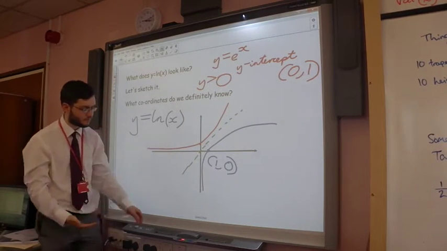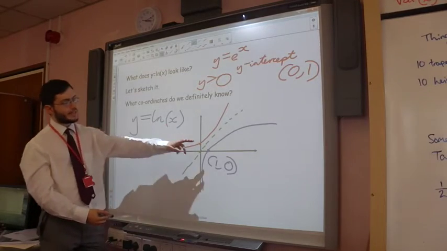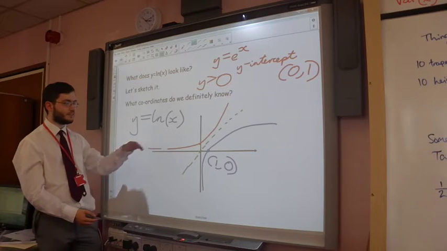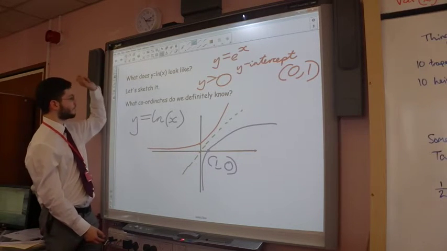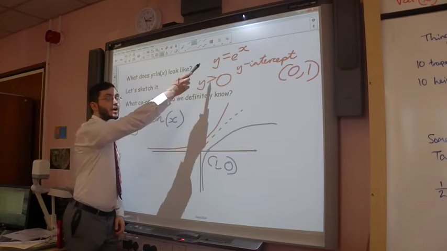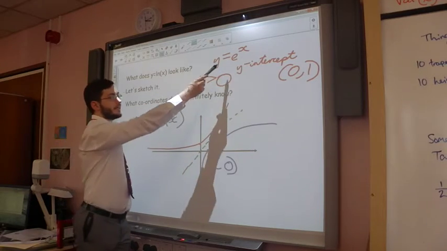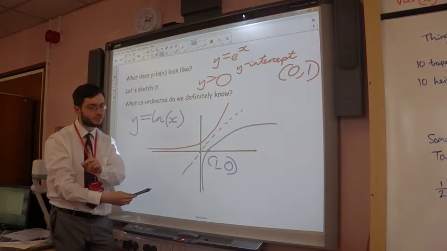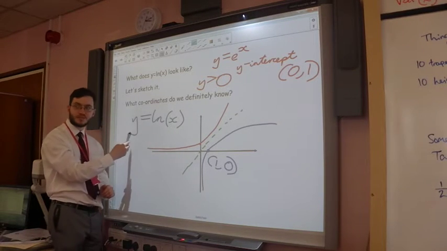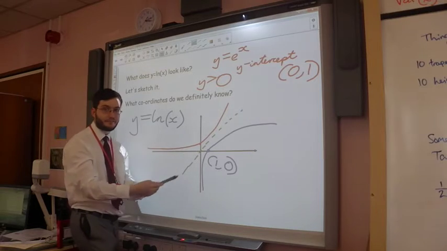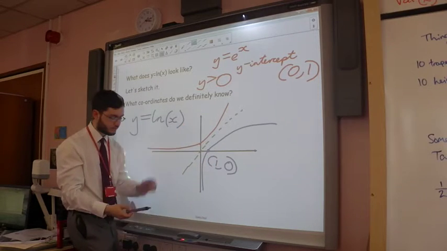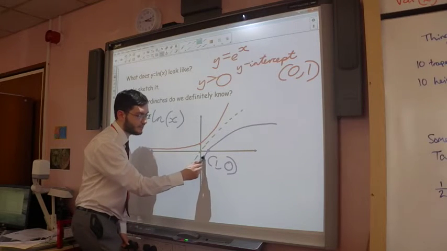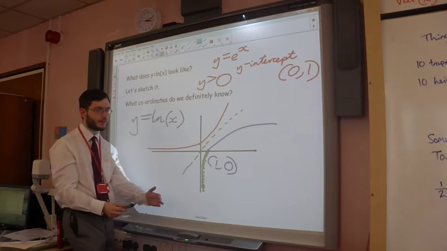Unfortunately, we can only create our inverse function from y values that are produced by y equals e to the x. So e to the x produces all of these lovely positive y values, and so y equals natural log of x can only have positive y values. So this bit here doesn't exist. Those y values are less than 0.